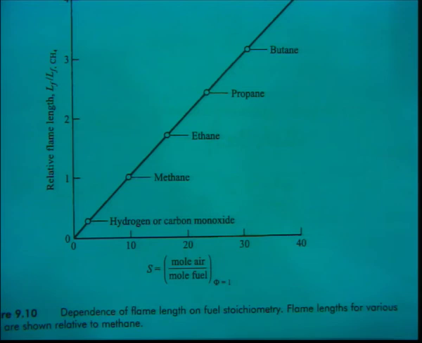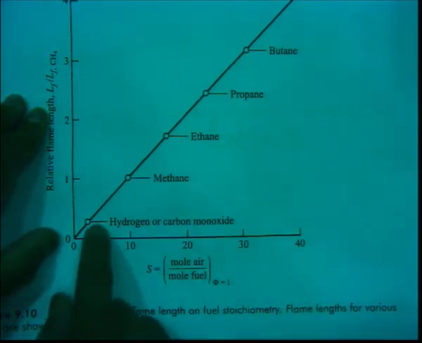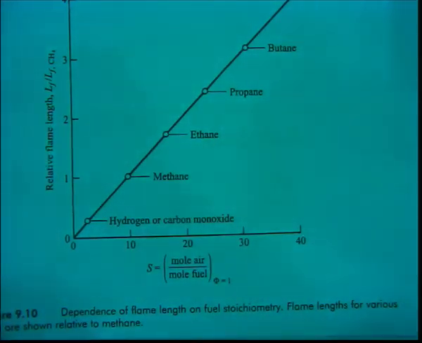We have the same value of QF and we are determining, using that expression that we saw, the flame length. So, the flame length is plotted as a function of S and for various fuels. If you change the fuel, the value of S will change, correct? The value of S will change if you change the fuel.